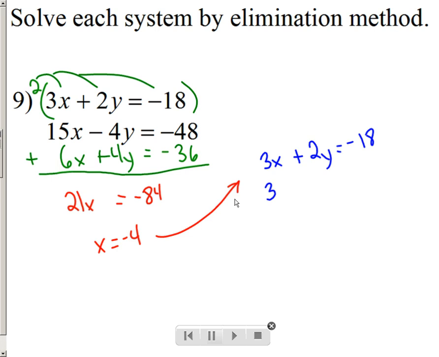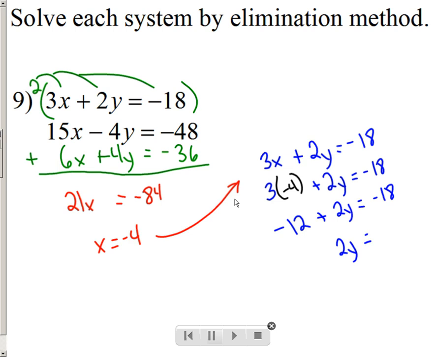So 3 times -4 is -12. And now again, it's a two-step equation, so add 12 to both sides, and you'll get 2y equals -6. Divide by 2, and we get y equals -3. So there you have it, -4, -3.